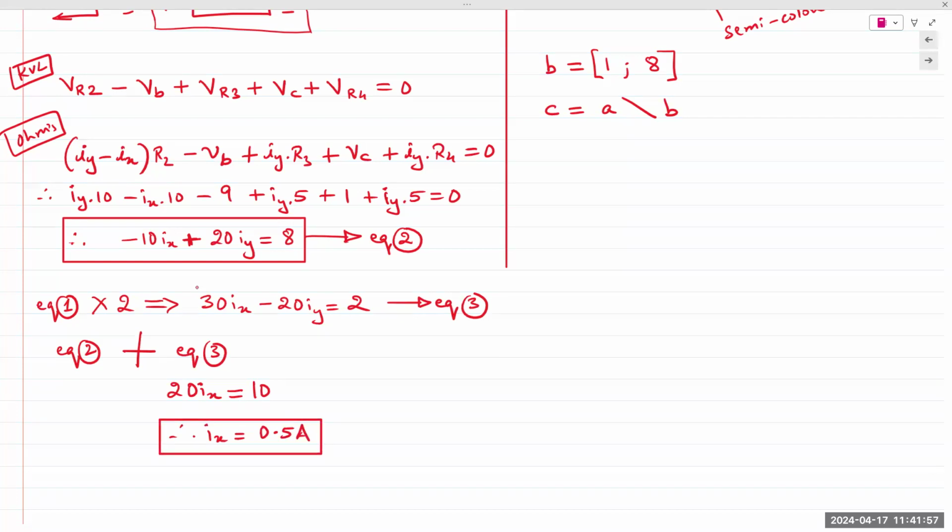For students who solve this, do you have the same answer as I do? How about the value for IY? What did you obtain for IY? 0.65. That is correct.